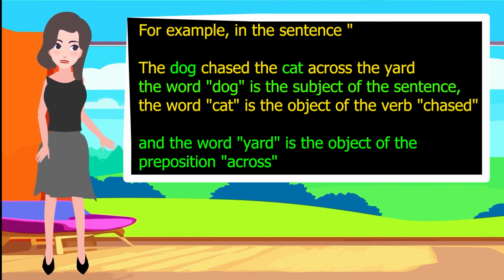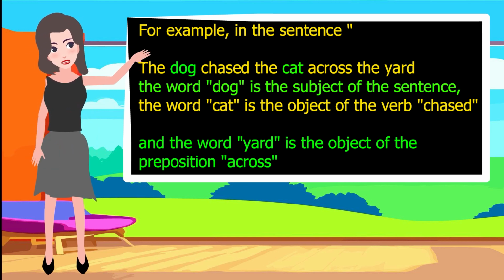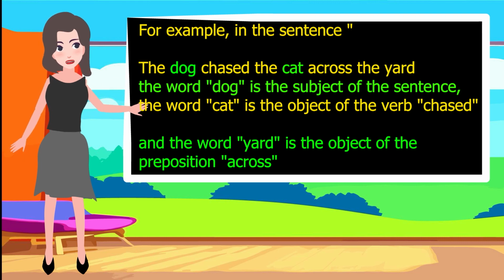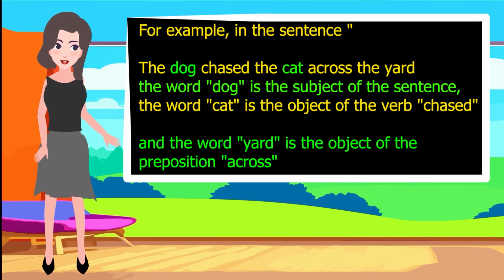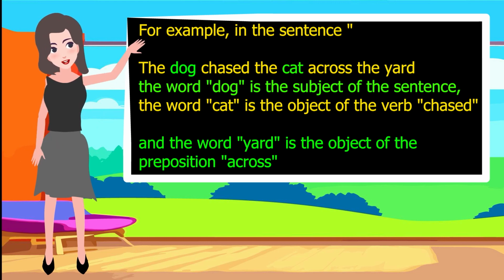The word dog is the subject of the sentence. The word cat is the object of the verb chased. And the word yard is the object of the preposition across.